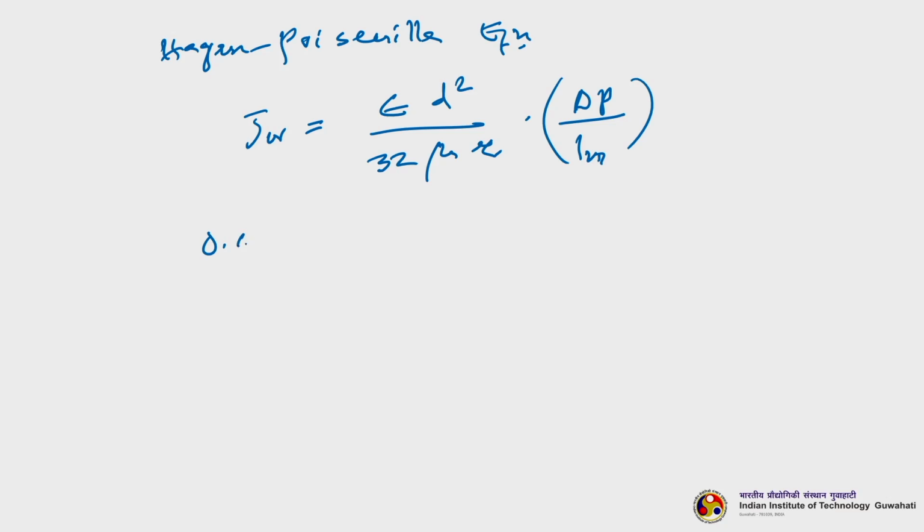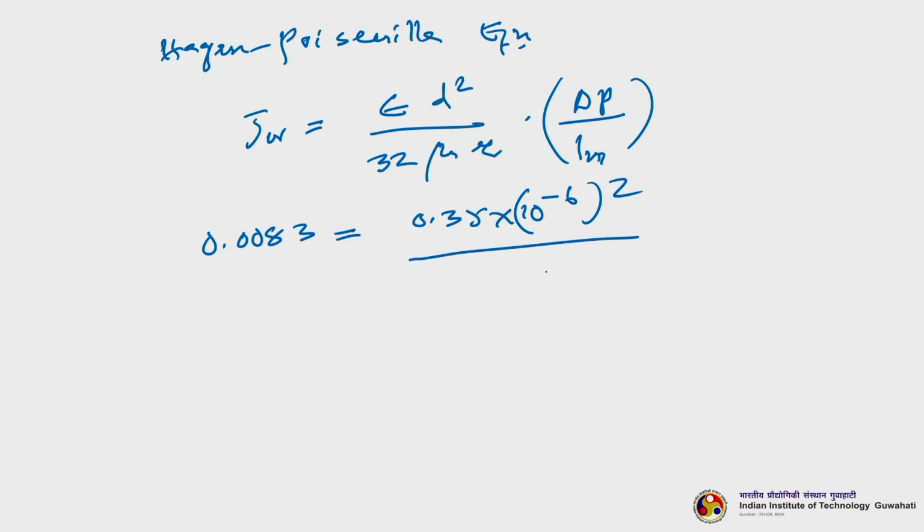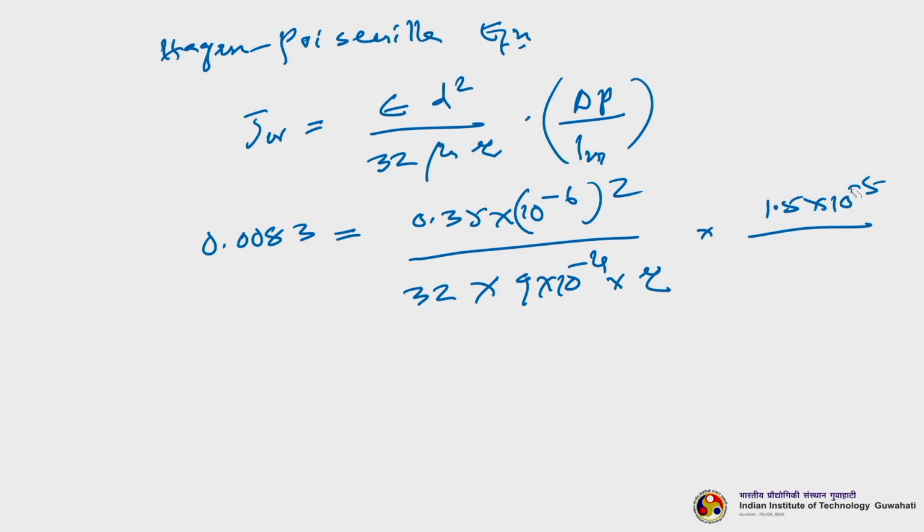So, 0.0083 equals 0.35 into 10 power of minus 6 square, divided by 32 into mu, which is 9 into 10 power of minus 4, into tau, this is what we are going to calculate, into 1.5 into 10 power of 5, that is the pressure drop, divided by the thickness, that is 70 into 10 power of minus 6, the membrane thickness.